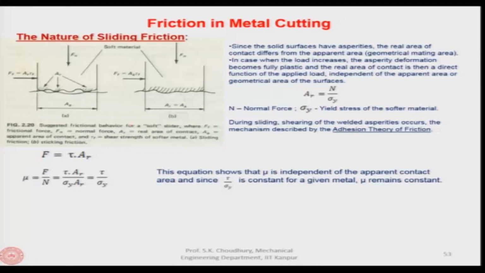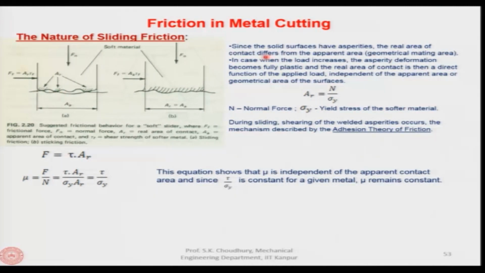Now, if we see here in the slide, we have two surfaces which are meeting on the asperities, as I said. Initially, when the normal force is not very high, these asperities will be deformed elastically because of the normal force acting, and then as the normal force increases, these asperities will be deformed plastically.